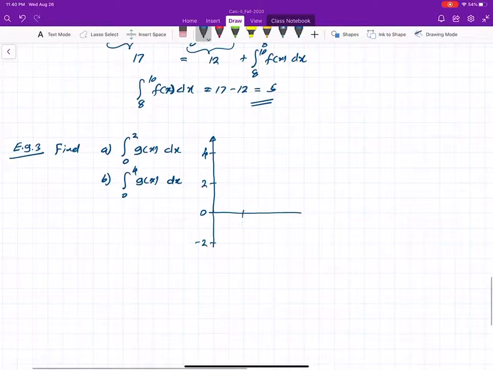This is 2, 4, 6, 7. Let's say that is x, and this is g of x.